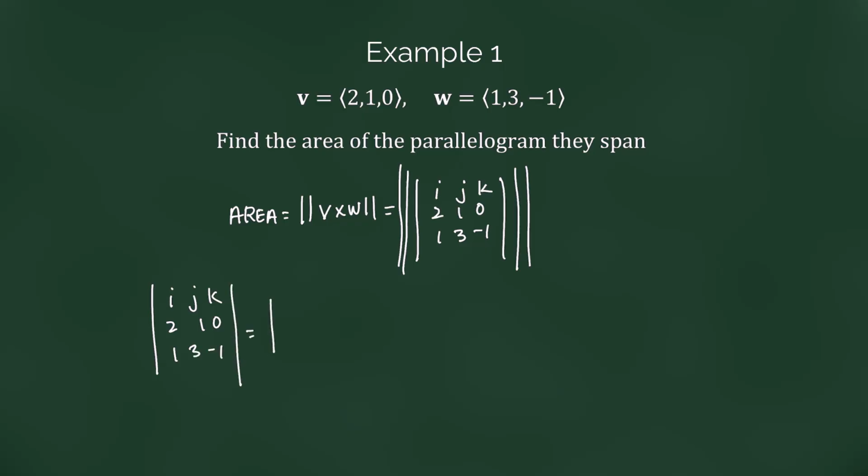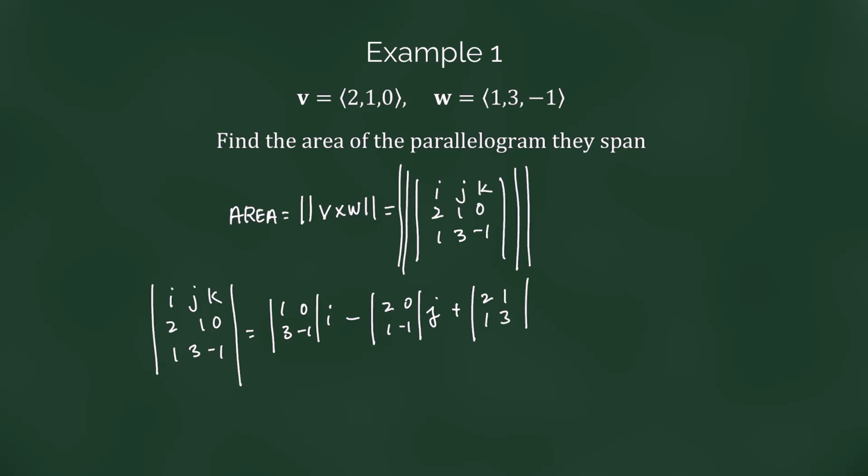So this is going to be the determinant of the matrix 1, 3, 0, negative 1 times I minus the determinant of the matrix 2, 1, 0, nope, that's a negative 1 times J plus the determinant of the matrix 2, 1, 0, negative 1. Nope, got that wrong.